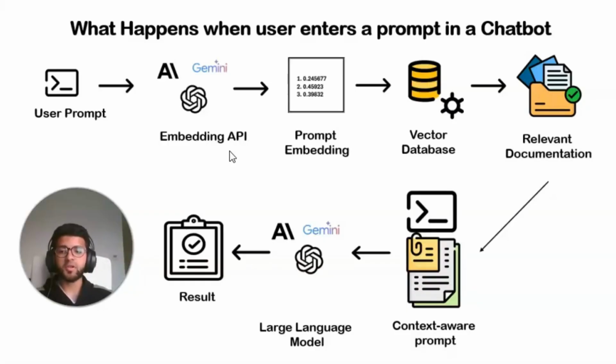Every single vector's numerical value is checked. When the difference between the numerical values is small, it means that the words are similar.